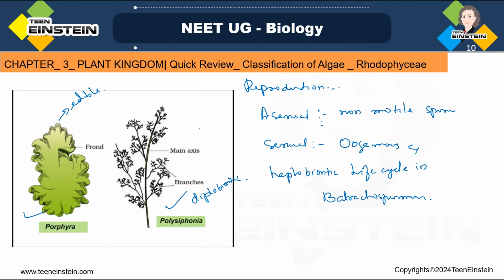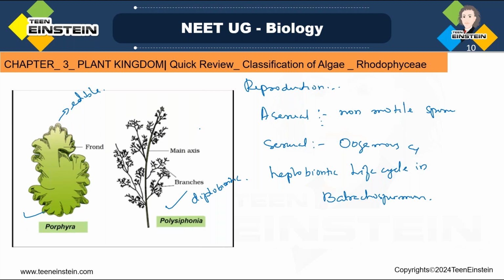Then the flagellar number and position of insertion. You can see 2 to 8 flagella in chlorophyceae. In phaeophyceae there are 2 flagella, which are unequal and lateral in position, and flagella are absent in rhodophyceae.